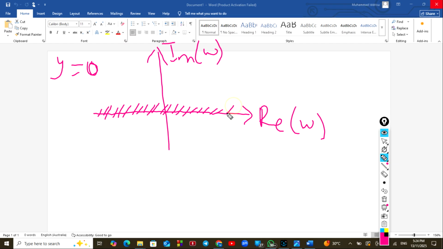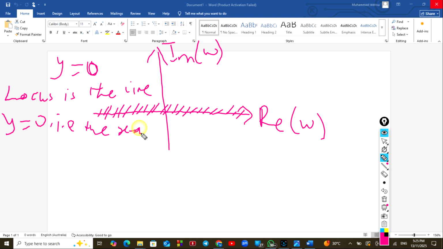That's the x-axis. So the locus is the line y is equal to 0, that is the x-axis.